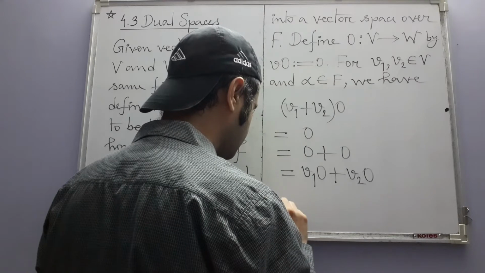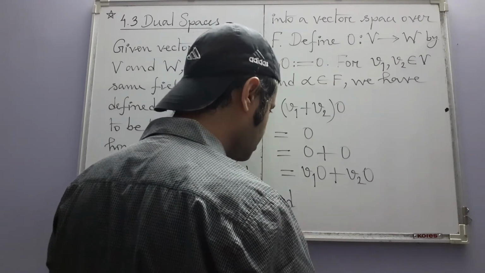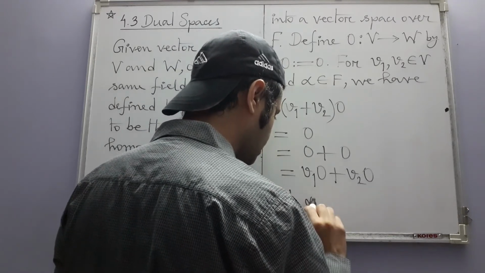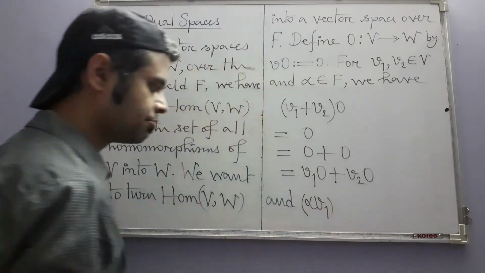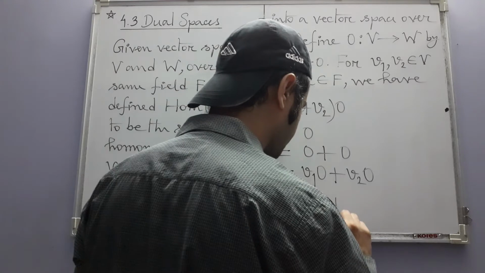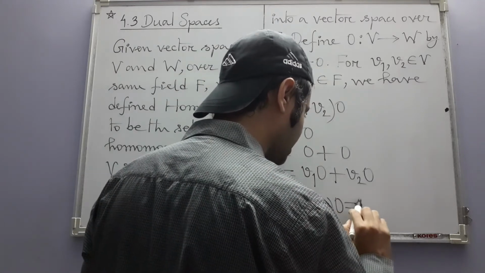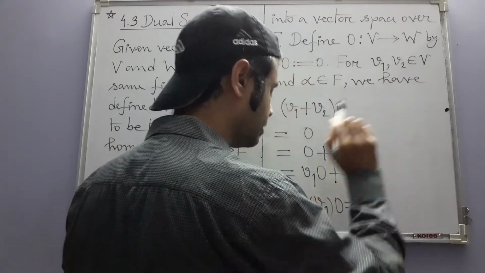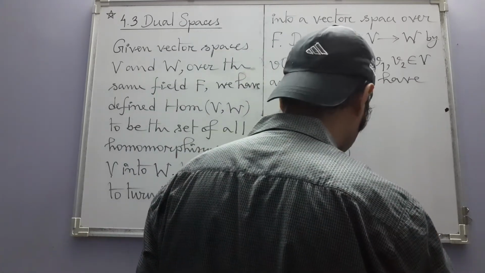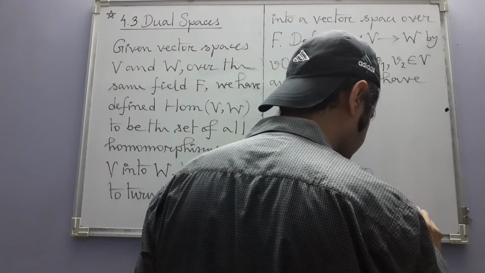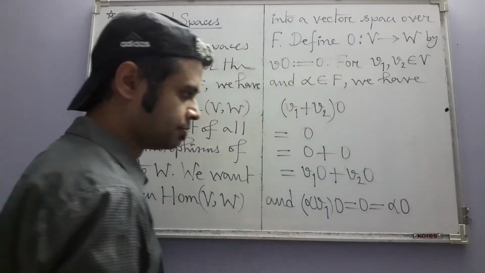And just like that, if we consider this multiple of V1 by the scalar alpha and apply the zero function on it, by definition again we get the zero vector in W, which itself, using elementary properties of vector spaces, can be written as alpha 0.